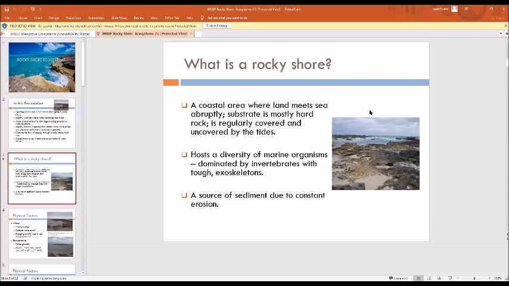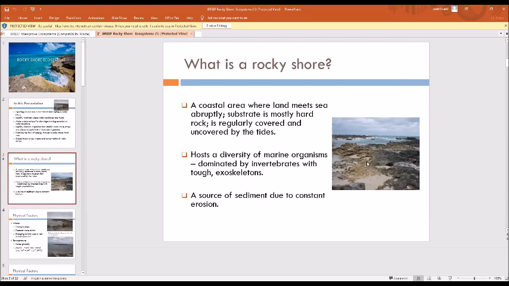Now, with a rocky shore ecosystem, you typically find these ecosystems on the windward side of the island. What that basically means is this is the part of the island that is exposed to more wind.